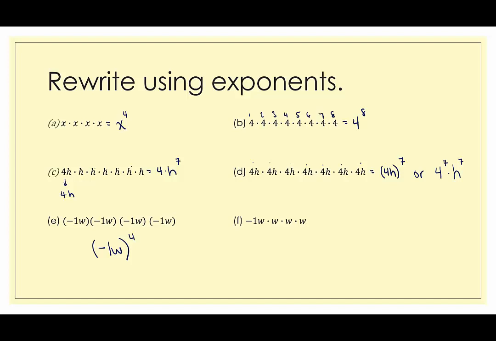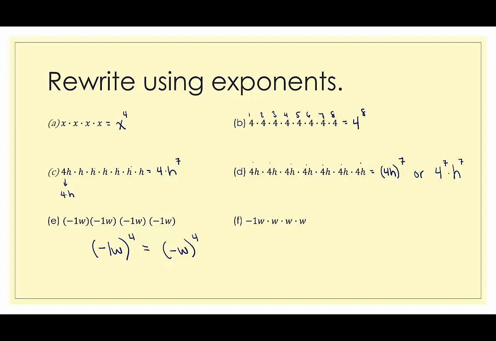Now the thing is, we don't really need the 1. The 1 is what we call the multiplicative identity, meaning anytime we see a factor, it's always being multiplied by 1. I call 1 the invisible factor because it's always there. So we don't actually need to write the negative 1. We could just say that it's negative w to the 4th. So either of those would be fine.